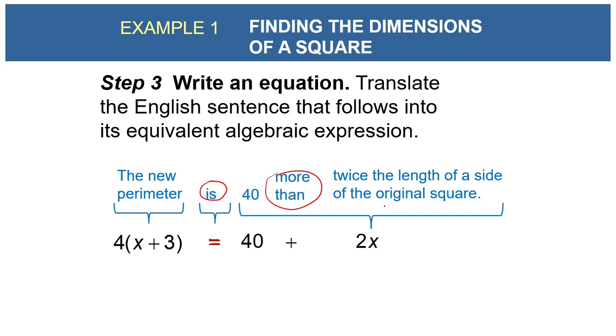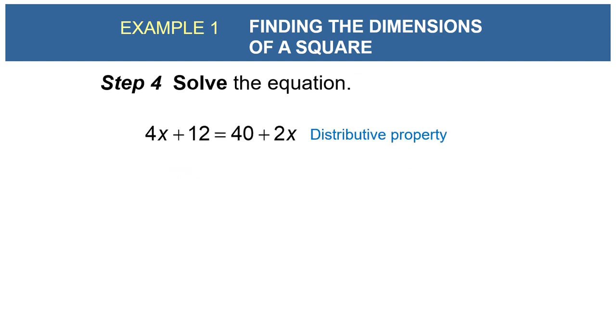And now from this equation we can distribute the 4, and this gives me 4x plus 12 equals 40 plus 2x. So using distribution, we can simplify the left side. And I can solve this for x.